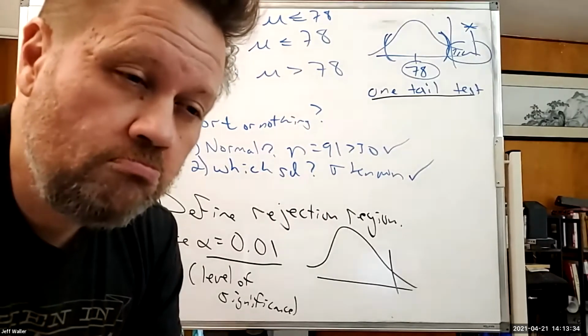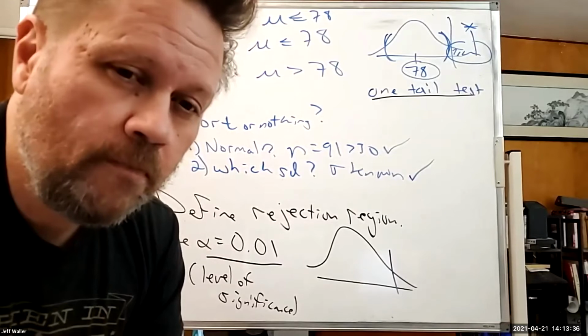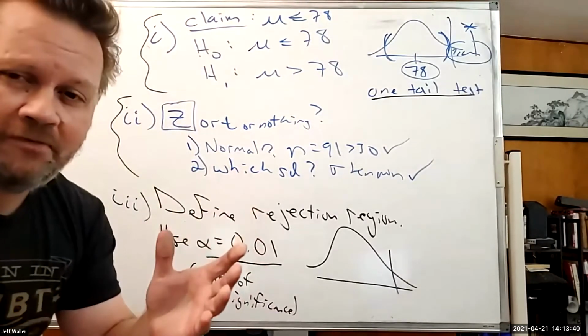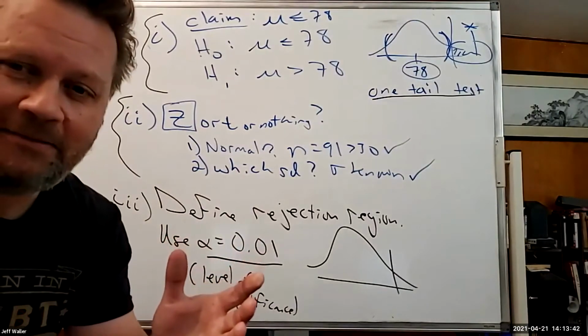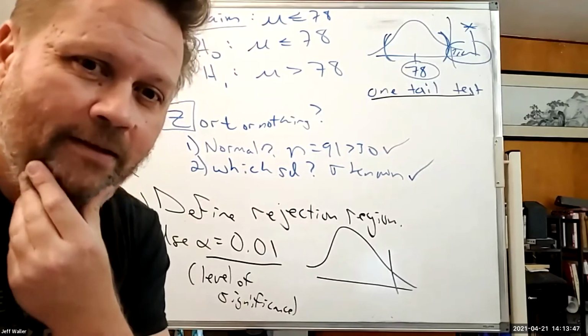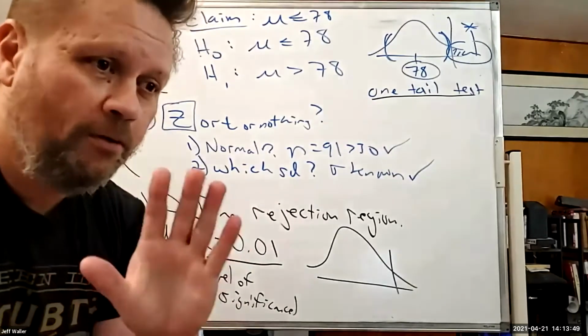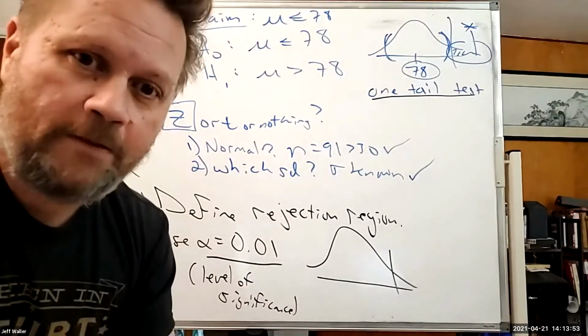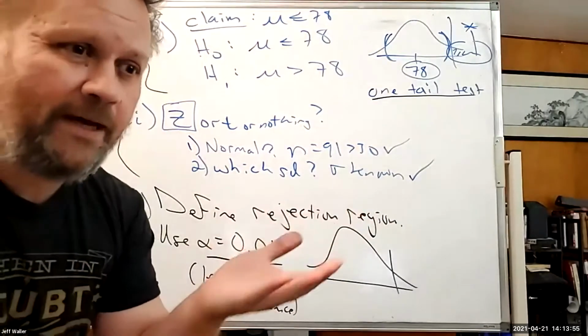Wouldn't it be 2.33? Sort of. Why don't you do what I say? Oh, 2.575? No. You were much closer with 2.32. It just wasn't right. 2.33 I would accept, but come on.